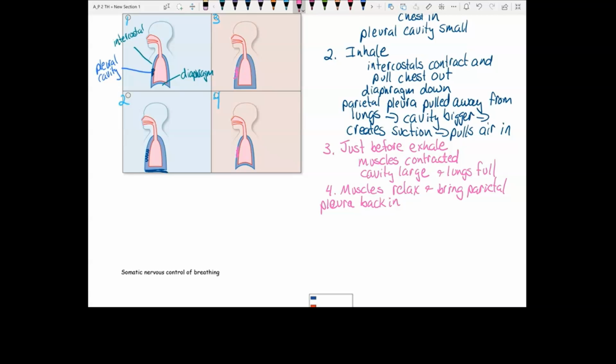You're bringing that parietal pleura back in toward the lungs. And when you do that, the cavity gets smaller. And if you have an enclosed space and you make it smaller, you create pressure. And that pressure pushes the air out.